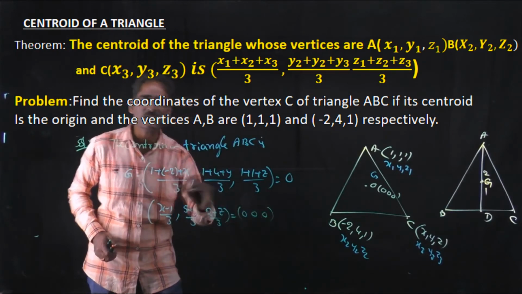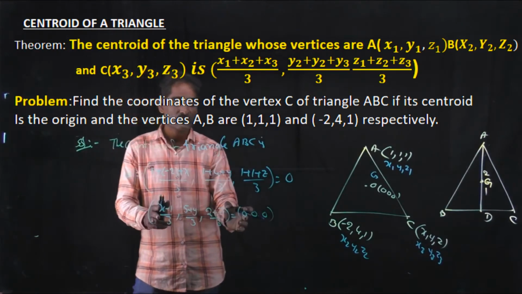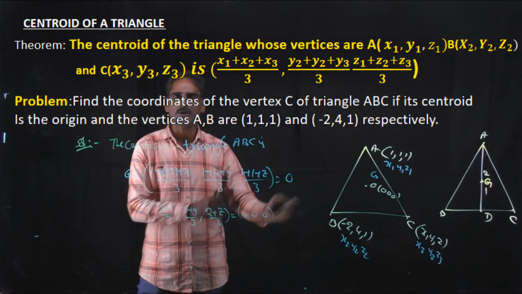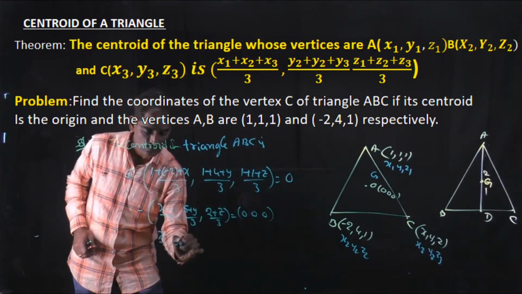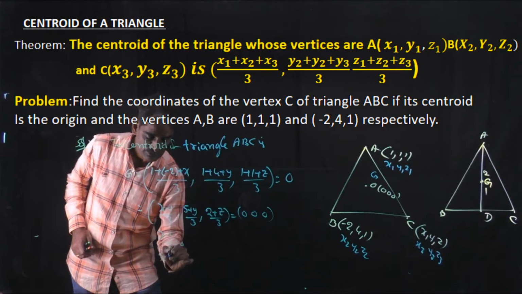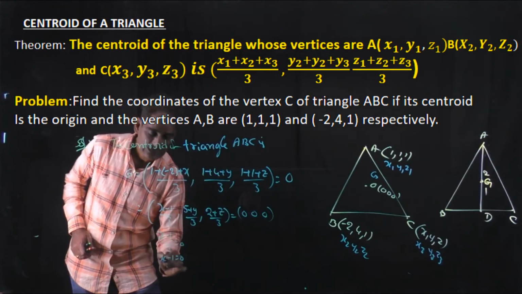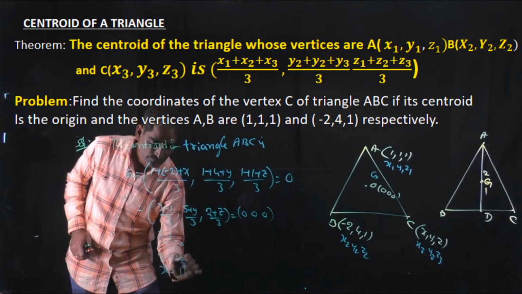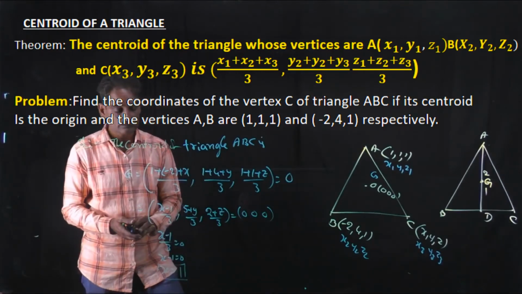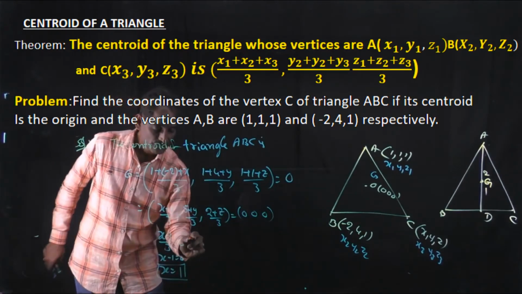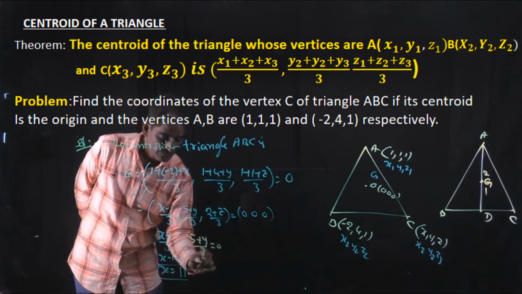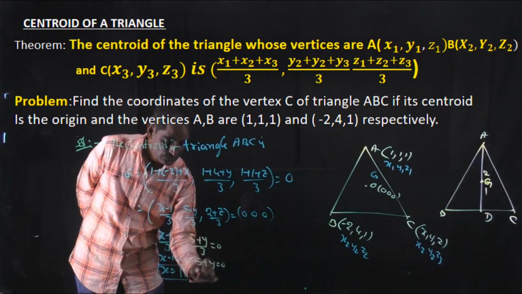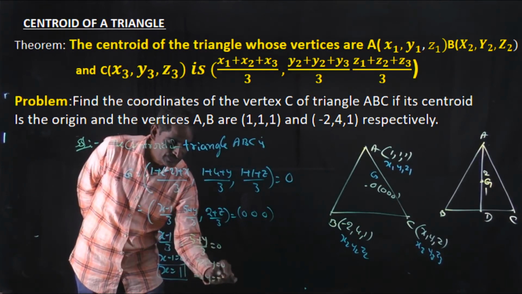Just equate the corresponding coefficients: x coordinate equal to this, y coordinate equal to this, z coordinate equal to this. Then (x minus 1) by 3 equals 0. From this x minus 1 equals 0, so x is equal to 1. This is the x coordinate. Next, (5 plus y) by 3 equals 0, so 5 plus y equals 0, which implies y is minus 5.